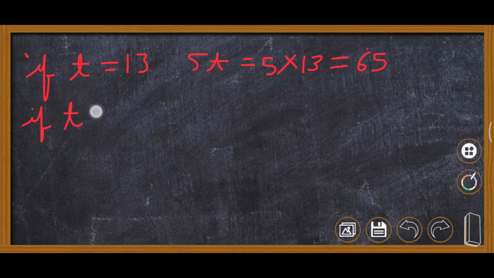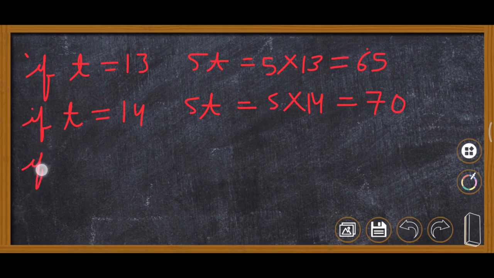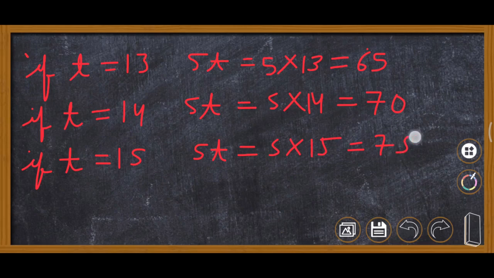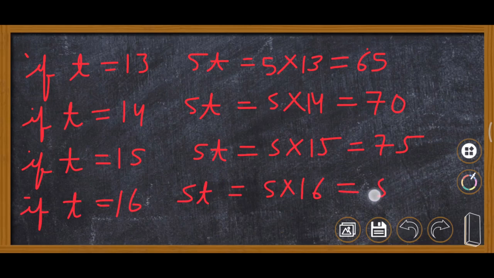If t is equal to 14, then 5t is 5 into 14, which is 70. If t is equal to 15, then 5t is 5 into 15, which is 75. Now if t is equal to 16, then 5t is 5 into 16, which is 80. Now we will put these values in the given table one by one.